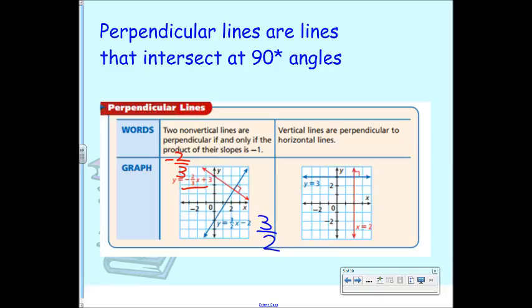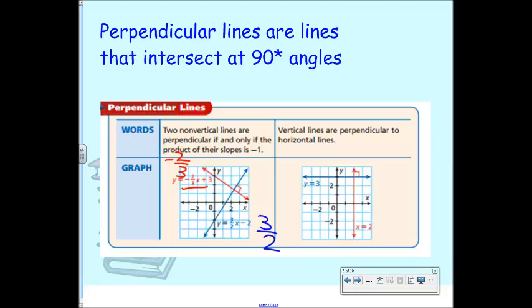So perpendicular lines have opposite reciprocal slopes. Let's break that down. Opposite means if one is negative, the other is positive. Reciprocal means flip the fraction. So that means if one is negative 2 over 3, the other slope would be positive 3 over 2.